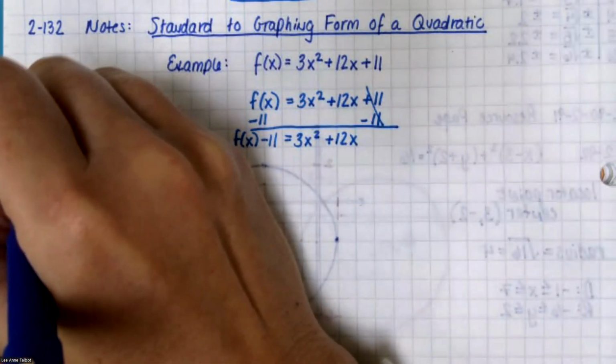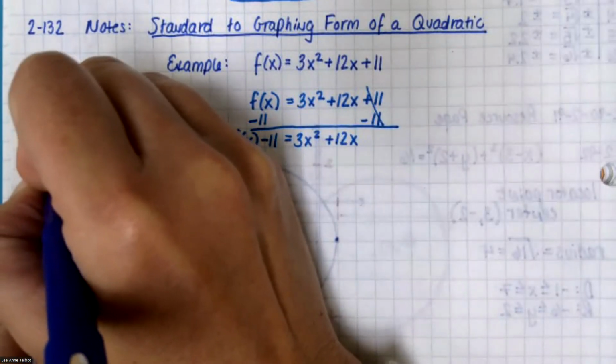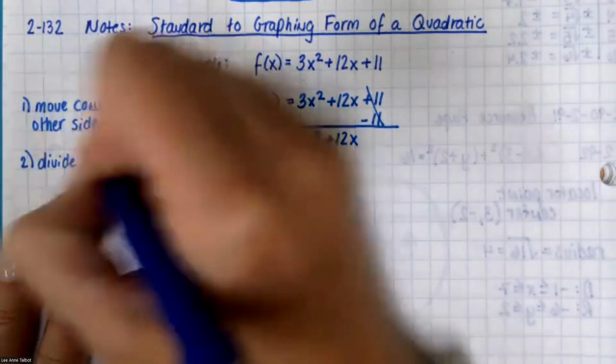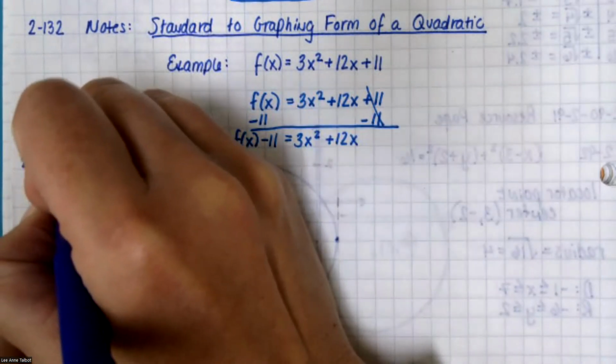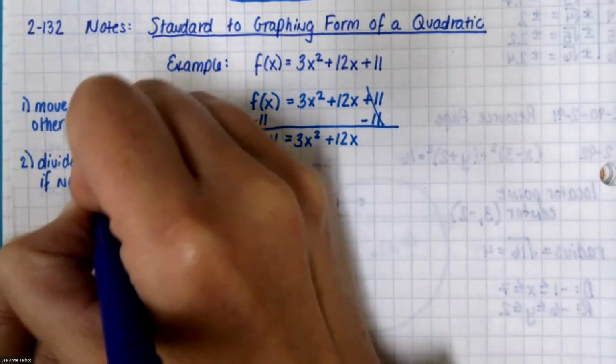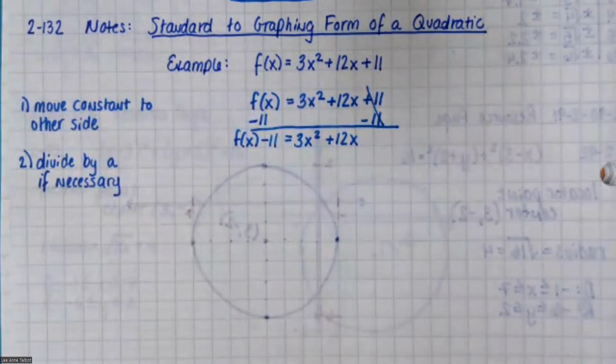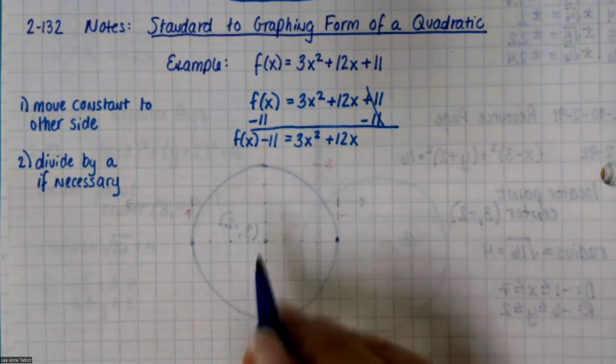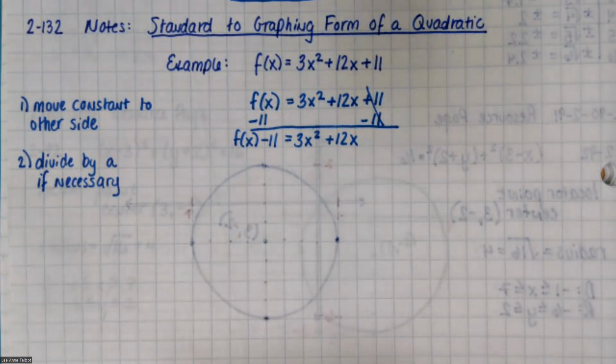Step 2 is to divide by a if necessary. This one has an a value of 3.